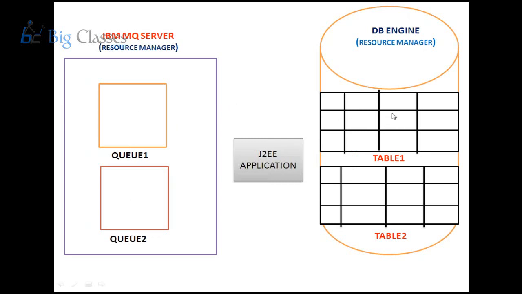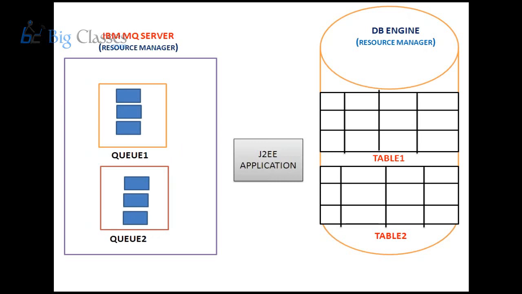In your database, once you insert the data, it is permanent storage and you can extract the data N number of times. But once you draw the data from the MQ server, the data is no more. Here data is stored as messages.